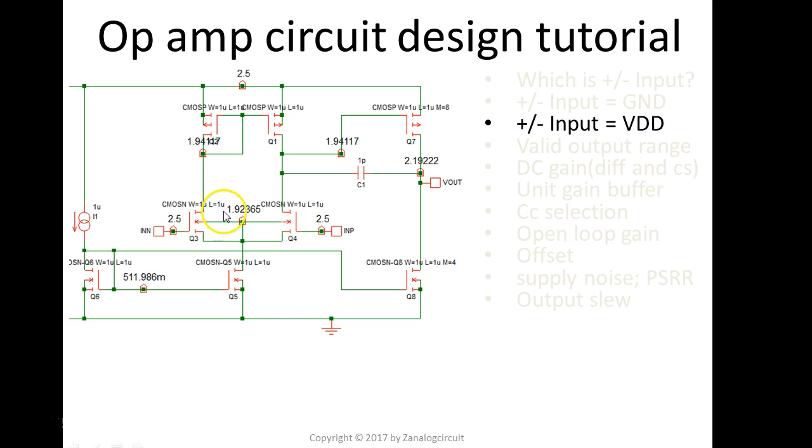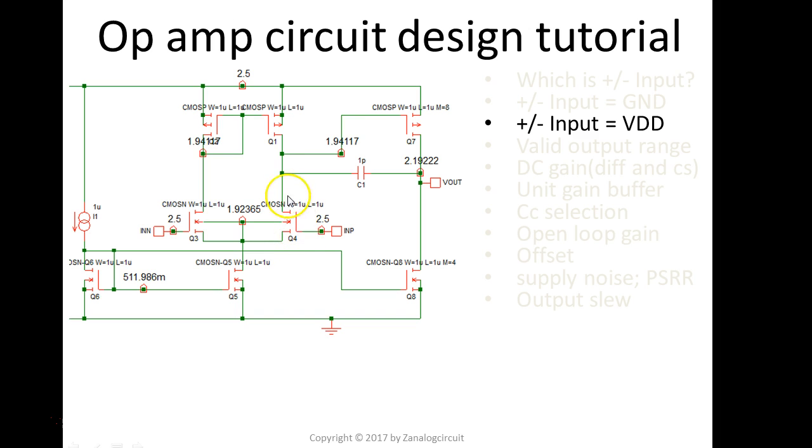So there's a couple of ways to deal with this. One way could be that, instead of using W equal to L equal to 1, you can really make Q3 and Q4 weaker, which means you want to increase the L over W ratio.